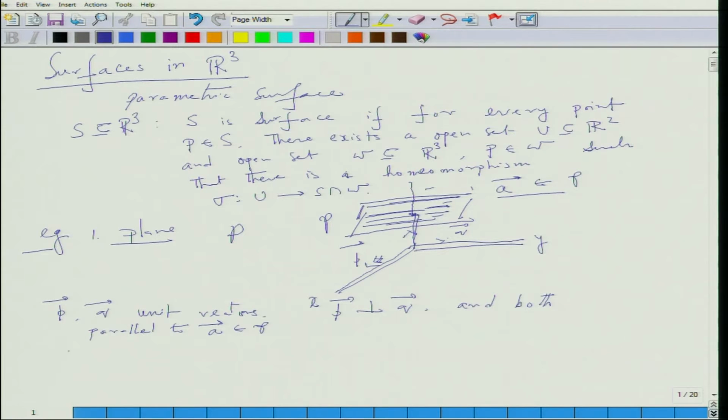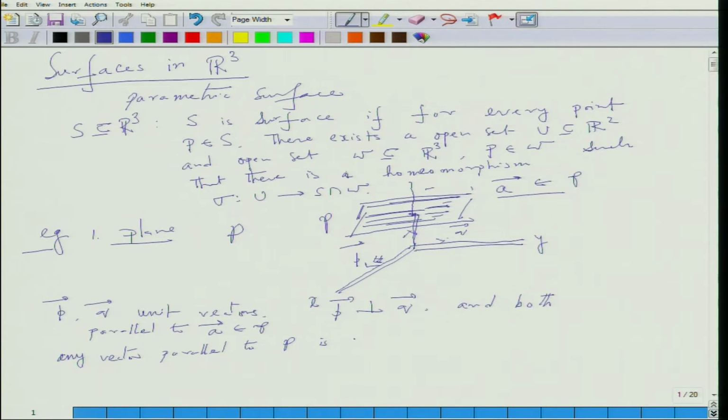Now, you observe any vector parallel to the plane, what will happen to that? Okay, P and Q are parallel vectors. I have already taken a plane and A is the vector on the plane.